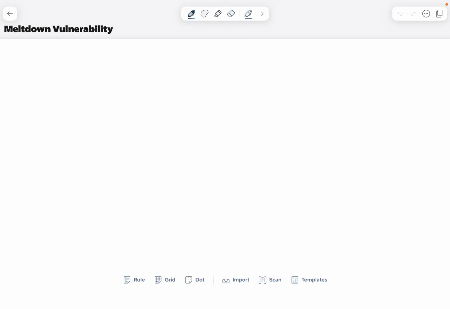Okay guys, so we're gonna take a look at the Meltdown vulnerabilities, which is one of the most important and significant CPU vulnerabilities that I've ever discovered.